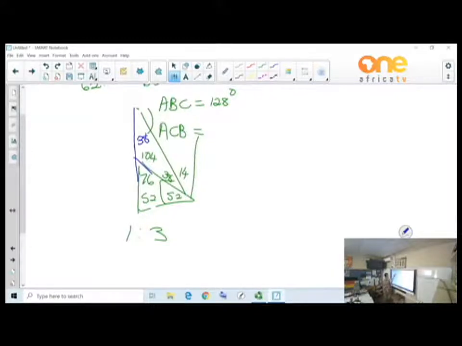Ja, the whole angle is 76. Nee, maar ons moet ACB kry. Hoppiekie, ons moet hierdie hoekie kry.